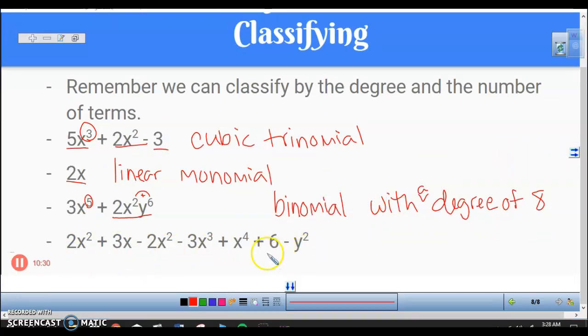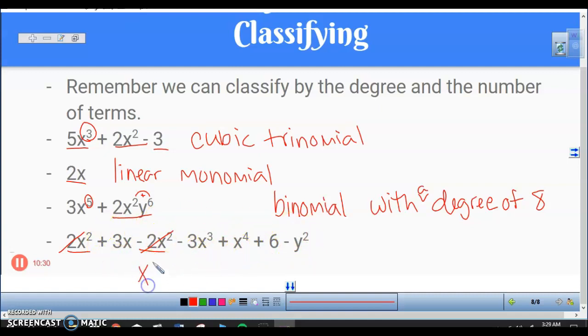Next, just looking at this, I realize that it is not simplified, so we do need to simplify first. 2x squared minus 2x squared, they actually cancel out. Nothing else can combine, so I'm going to go ahead and write it in standard form just to help myself out. Alphabetically, my x variables will come first.